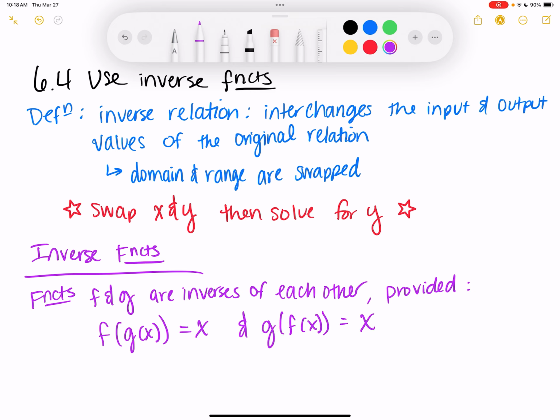So this is essentially the way that we're going to verify that things are inverses. We're going to take the original function and the function that we have found to be the inverse, and we're going to plug them into each other like the composite functions we were doing yesterday. When you do that, if they are truly inverses, it will be equal to x at the end.